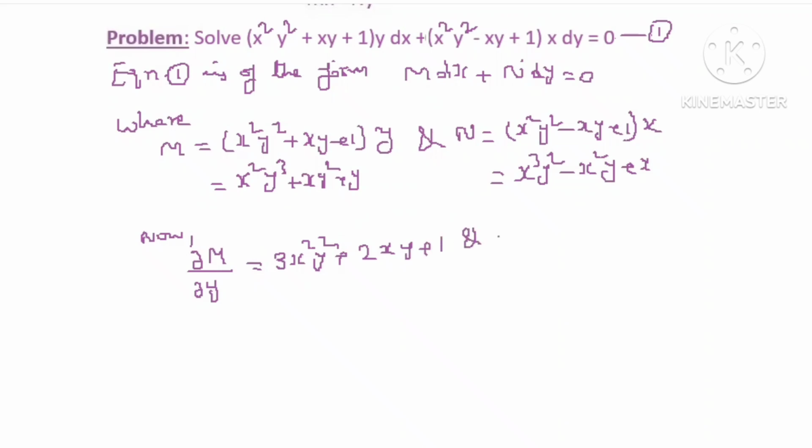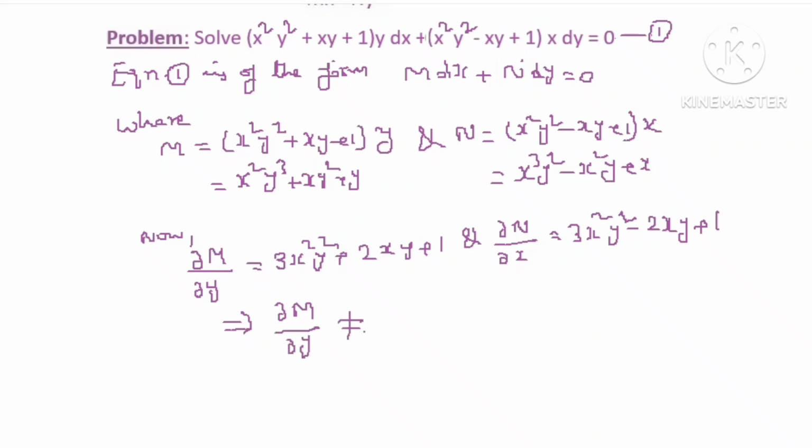And partial derivative of N with respect to x is derivative of x cube, which is 3x square, and this is y square, minus derivative of x square is 2x, so this is 2xy, plus derivative of x with respect to x is 1. So this implies that partial M by partial y is not equal to partial N by partial x.